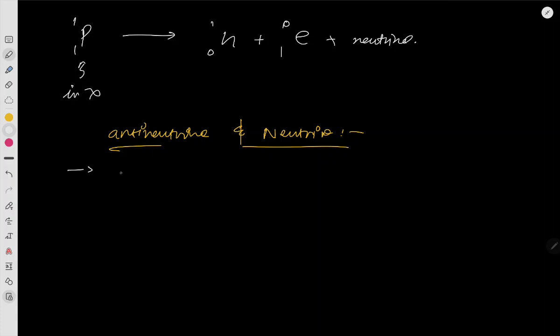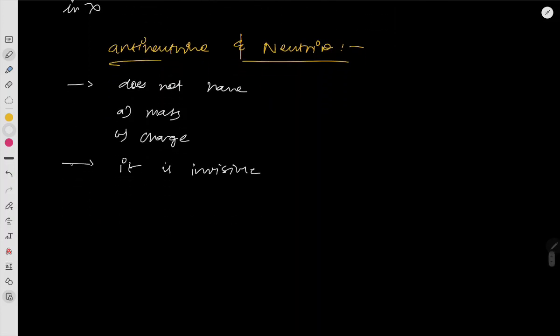So antineutrino and neutrino do not have mass, charge, and even it is invisible. And the fourth thing that is important is it carries only spin momentum. Again, Wolfgang Pauli came in and he said, oh, wait a minute.